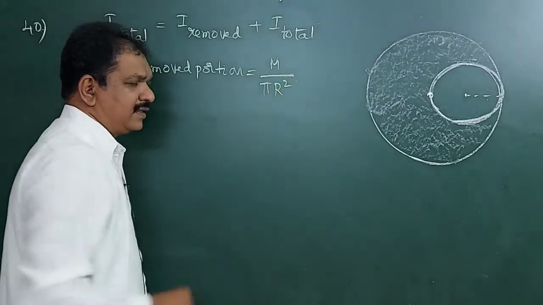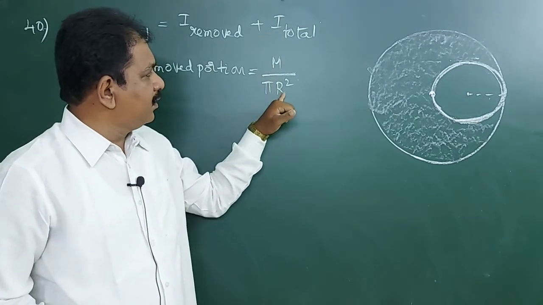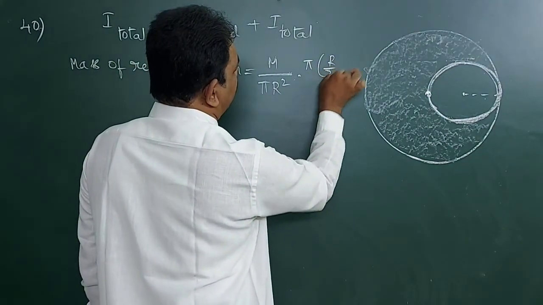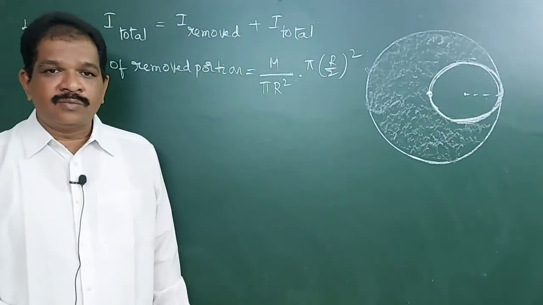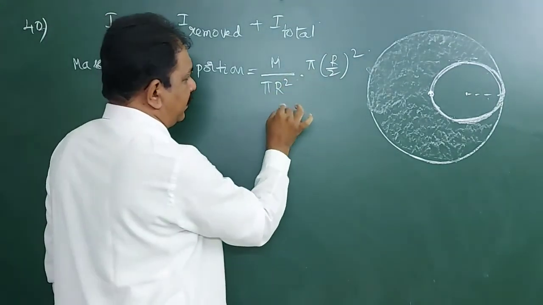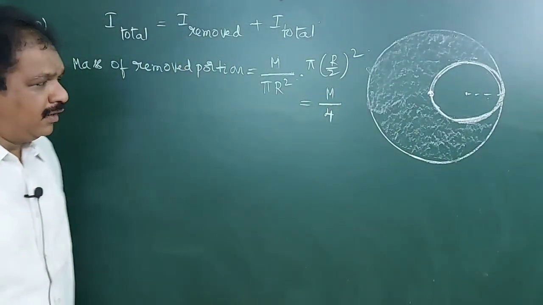Total disk mass is m, total disk radius is r. The radius of the removed portion is r by 2, so this value pi r square will cancel. It becomes m by 4.